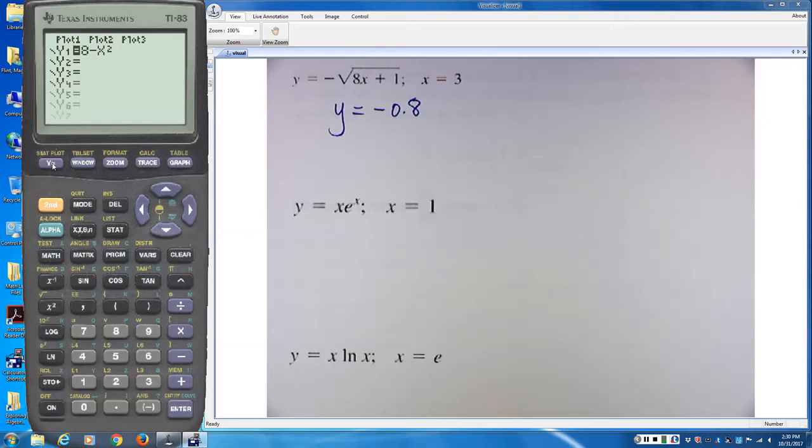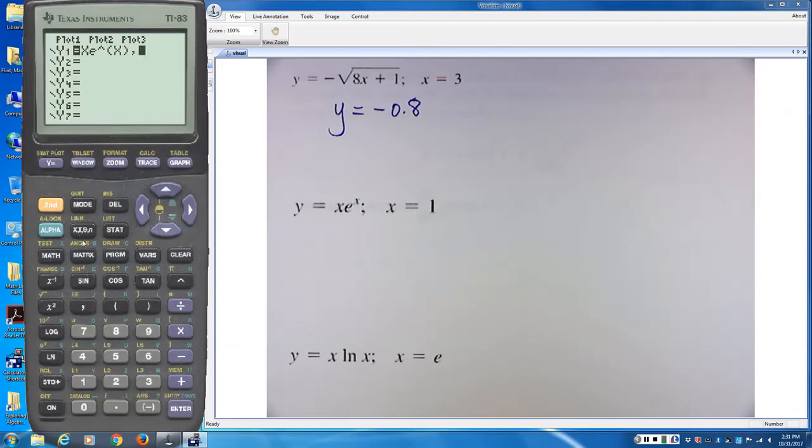So just for the sake of people that want to know both ways, if I told you to graph y and then find the value of its derivative at x equals 1, you graph y equals x times second e to the x.